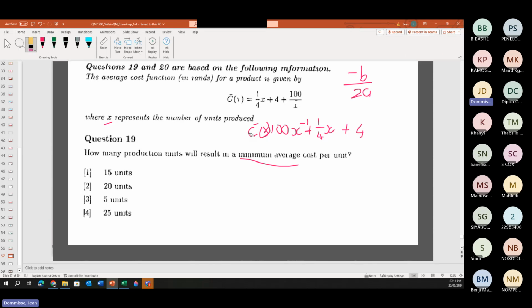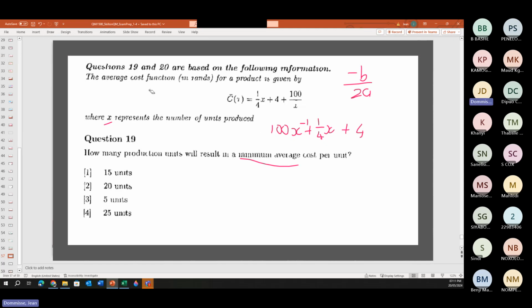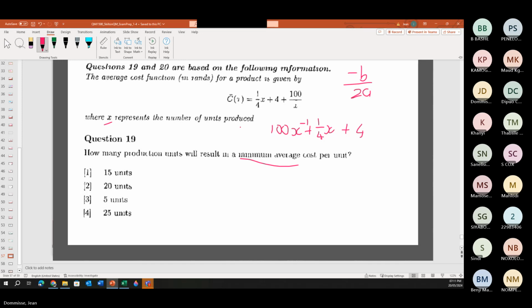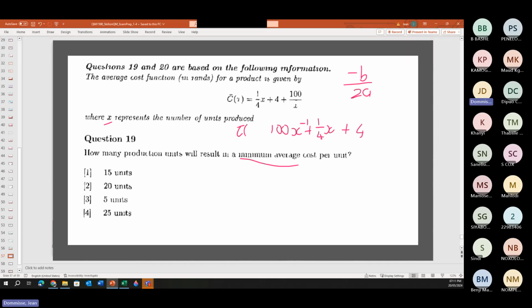So this is not a quadratic formula. This is something much weirder. So unfortunately for this one, A would have been 100. No, so okay, so we can't use that formula because it's not a quadratic function.